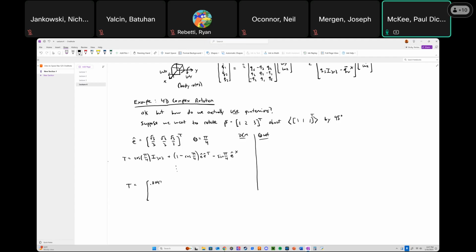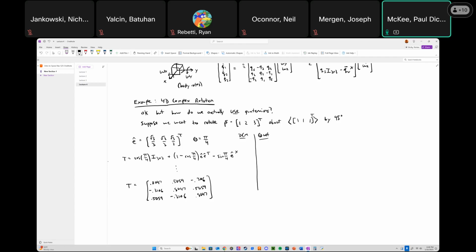You can do this on your own if you want to make sure I'm right. 0.5059, negative 0.3106. And as you might not be shocked, this is symmetric. 0.8047, 0.5059, 0.5059, negative 0.3106, and 0.8047.